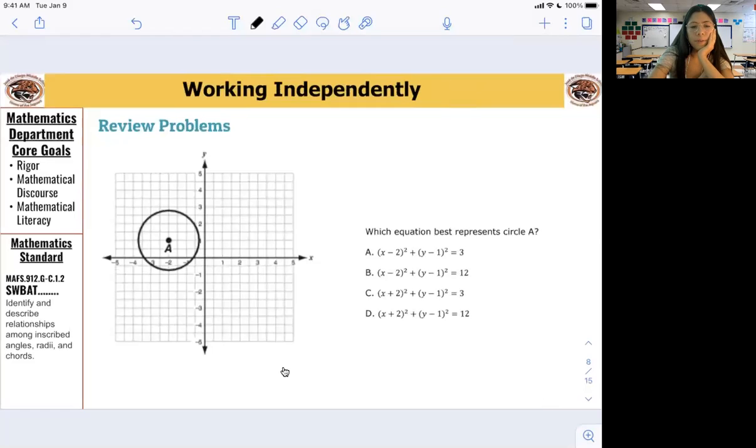All right, I see 4 votes are in, so give me another 10, 9, 8, 7, 6, 5, 4, 3, 2, 1.